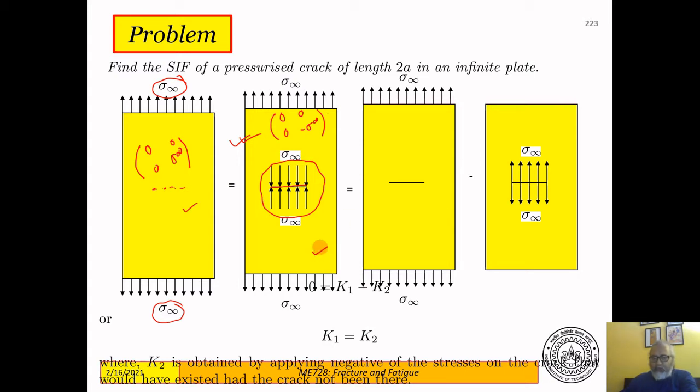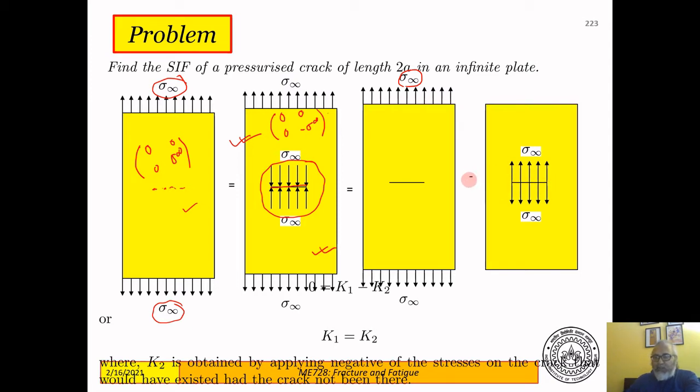Now this problem can be broken up into two problems. One is where this crack is not subjected to any compressive loads, is not closed, and has sigma infinity applied at the far off boundaries, plus a problem where sigma infinity is tensile and applied on the crack face.